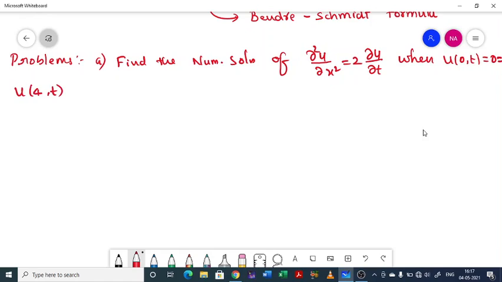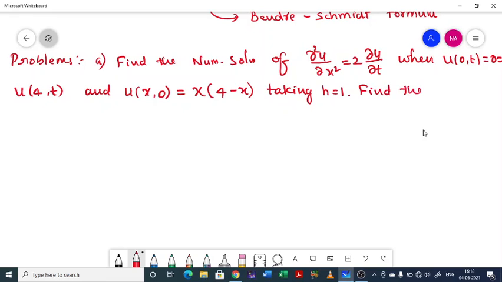So x lies between 0 and 4, and the boundary conditions are given. The initial condition is u of x comma 0 equal to x into 4 minus x. Taking h equal to 1, find the values up to t equal to 5. Solution.